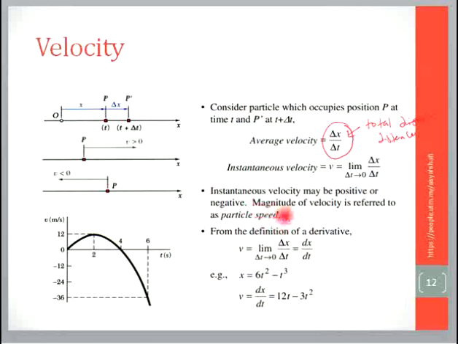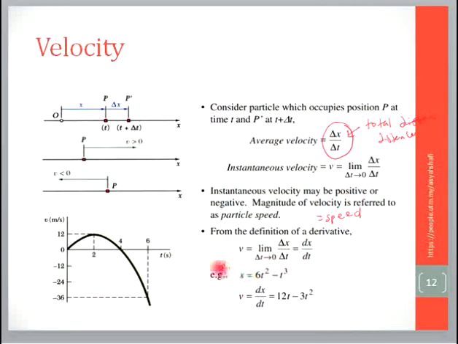So the magnitude of velocity is the same as speed, but the positive and negative sign is based on the direction of the velocity. From the definition of the derivative, we have v equal to dx over dt.